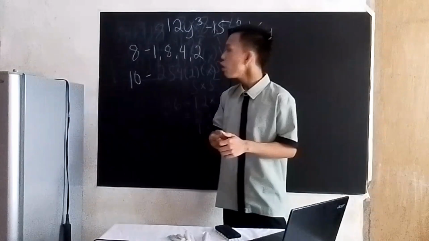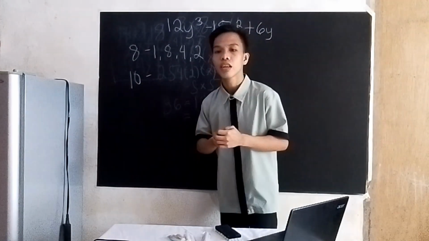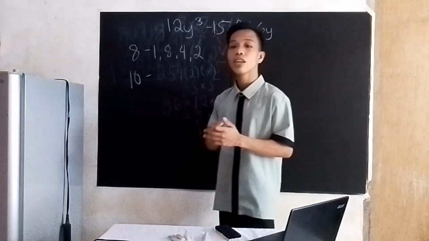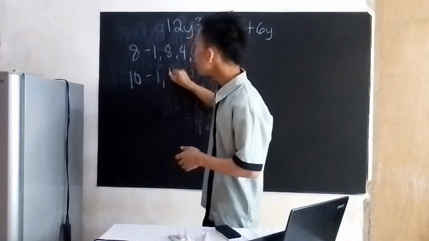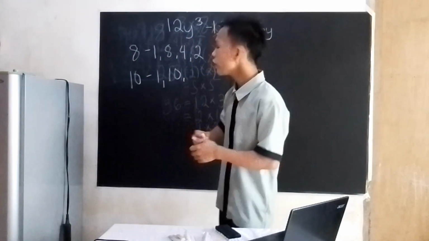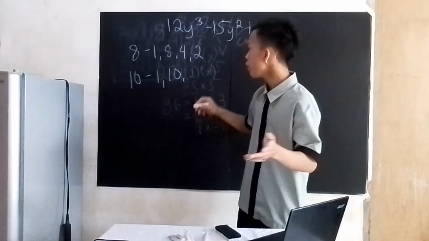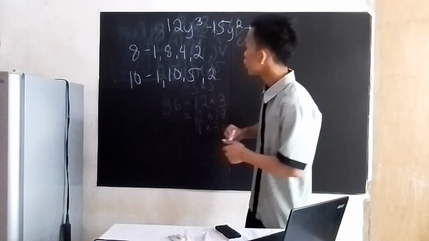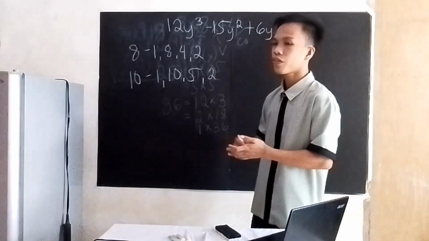Okay. How about 10? So what is our multiplier and multiplicand? Yes, Janelle. That's right. So the first one is 1 and 10 and another, that's right, 5 and 2. So how are we going to find the greatest common factor?